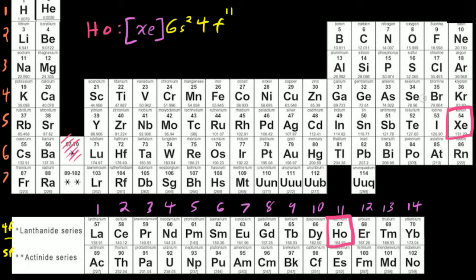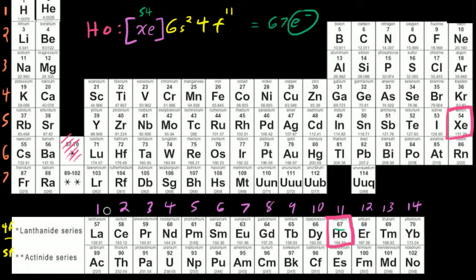And we can check that: xenon has 54 electrons, plus 11 would be 65, plus 2 would be 67, and we can see that matches our number. So this equals 67 electrons, and that works out. So that is what the electron configuration is for this element Ho.